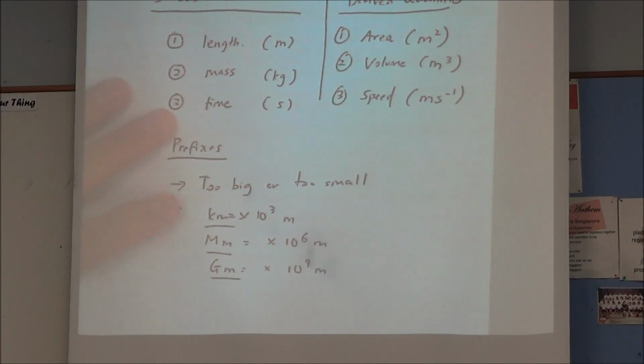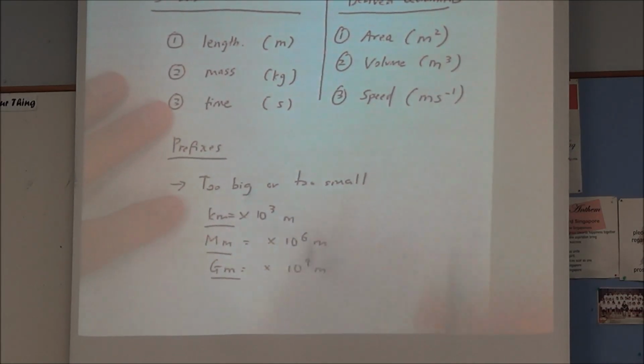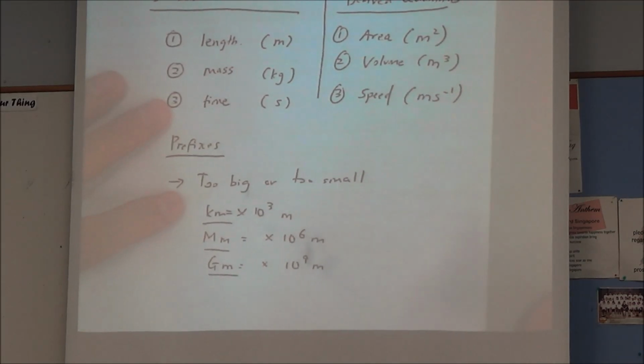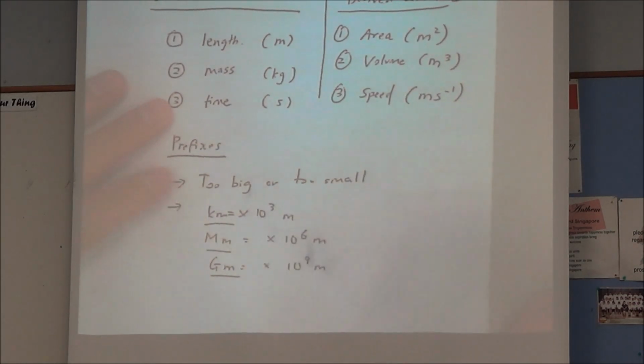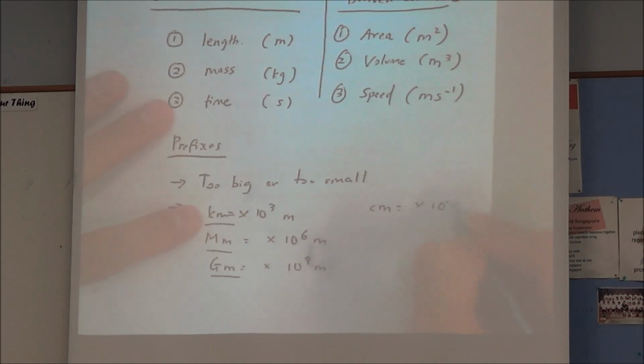So what about those that are very small? For example, the thickness of your hair. Very small, you cannot use meter, you have to use a prefix also. Examples of small prefixes are centimeter, 10 to the power of -2 meters.